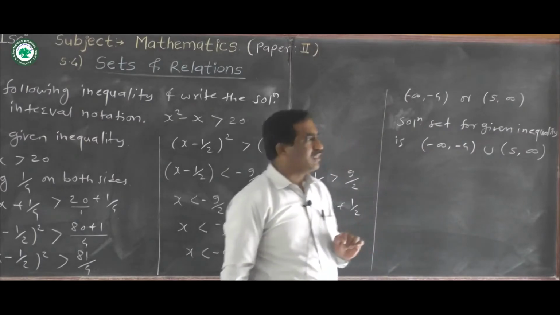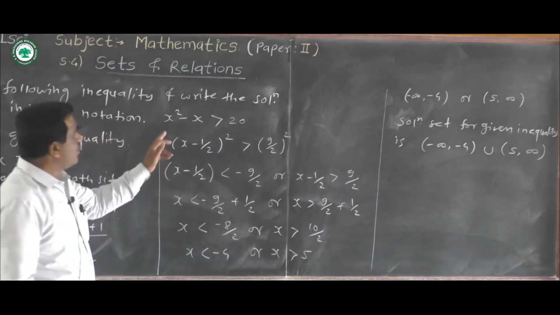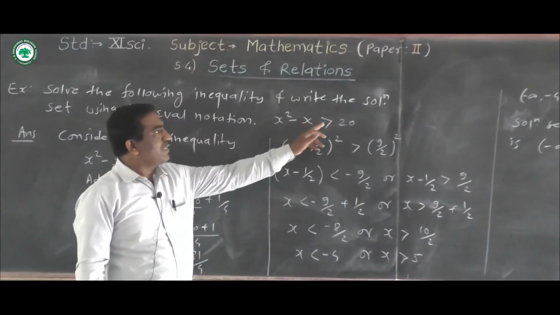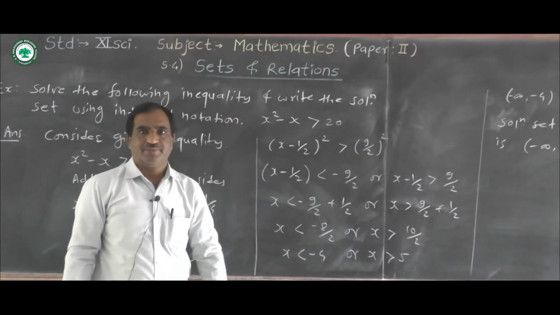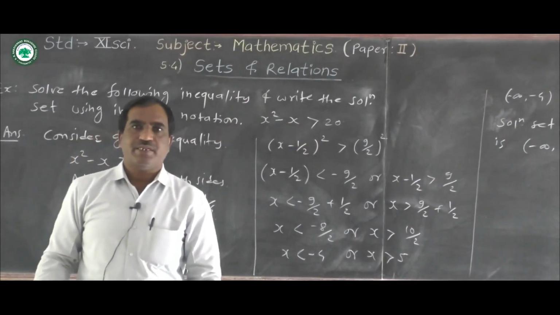This is the solution set for the given inequality x square minus x greater than 20. Okay, today we stop here. Thank you.